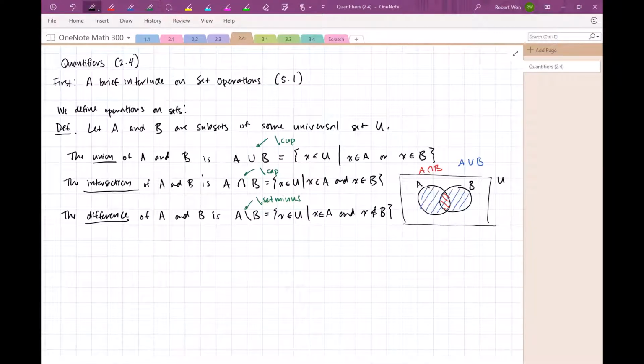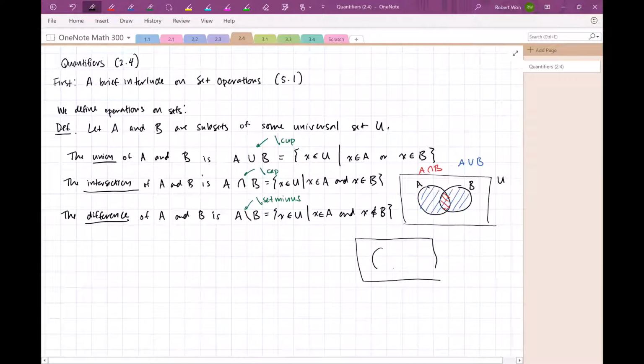Okay, so maybe I'll draw a new picture here. Hopefully, I hope you can guess what this picture is. I'll use a different color. Everything that's in A but not in B is all of this stuff, right? So this is A minus B. And finally, the complement.